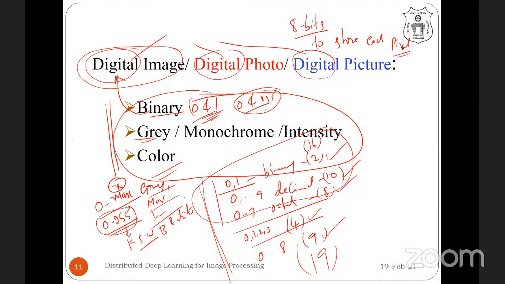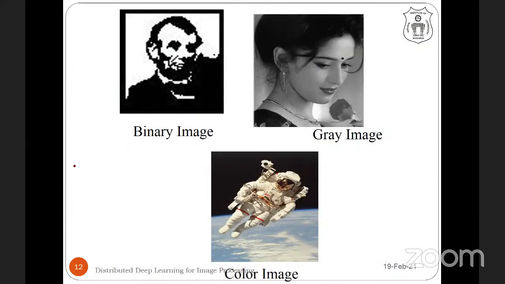And once again, what is a pixel? Actually, what are the synonyms of photo? Photo, picture, or image. Now this is your digital photo. Inside the computer, this entire digital photo is represented as a two-dimensional array.